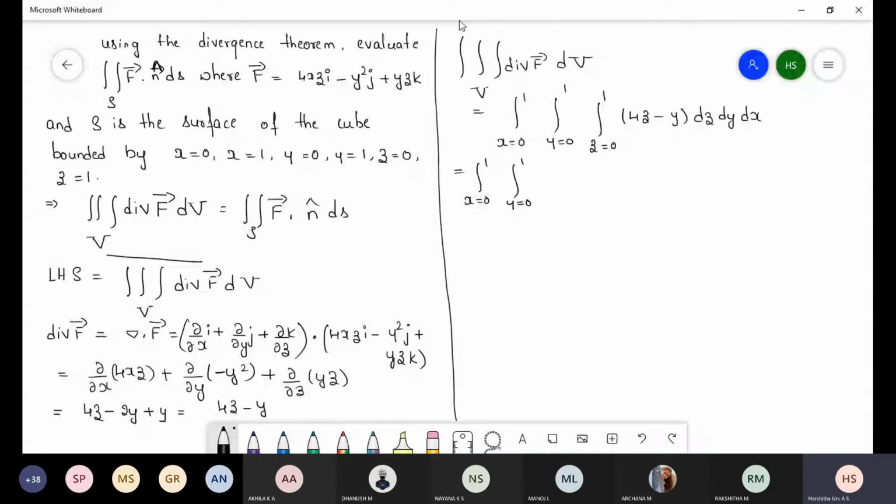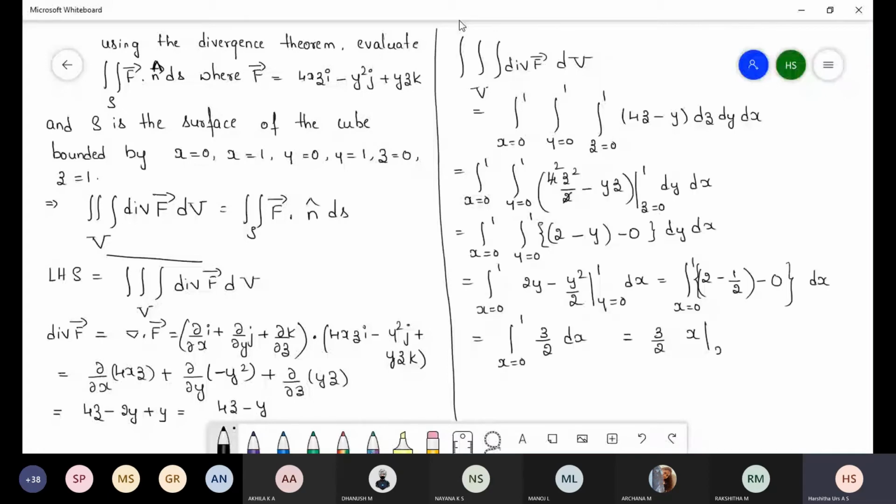So here we get 3 by 2 dx. Now integrate 1 with respect to x. So 3 by 2, integration of 1 with respect to x is x. Limit varies from x is equal to 0 to 1. So we get 3 by 2 into (1 minus 0), that is equal to 3 by 2. This is the solution.